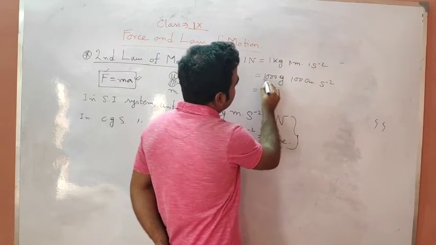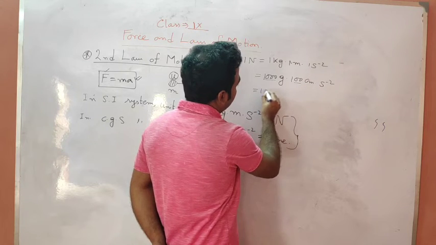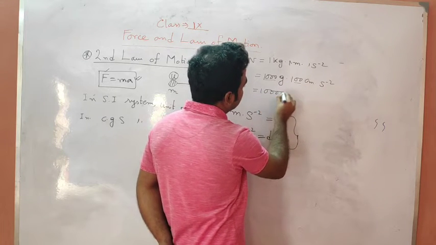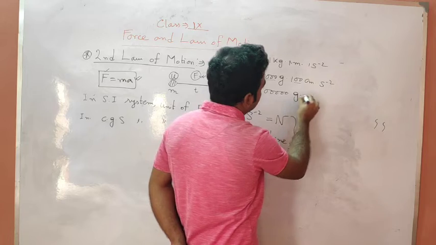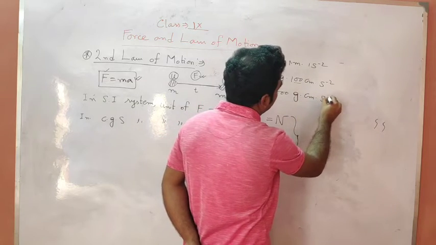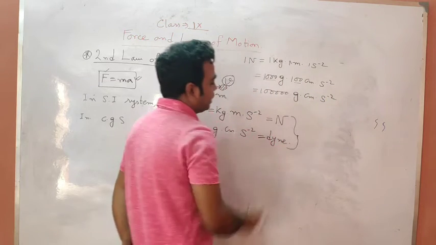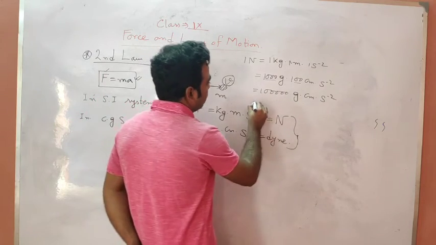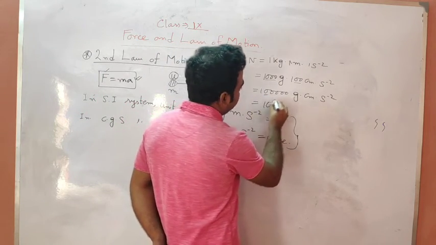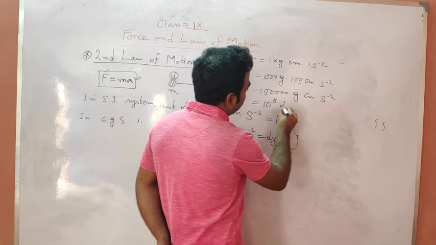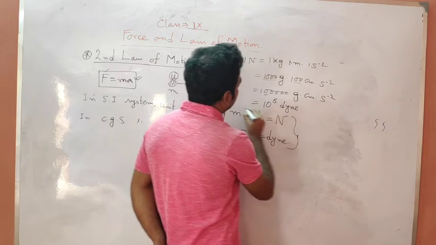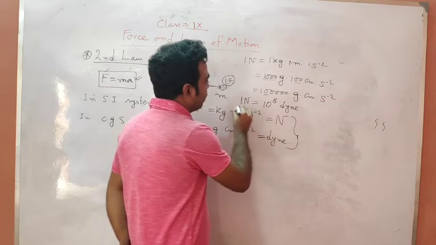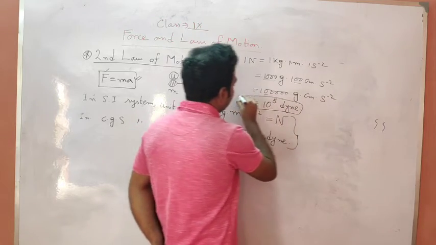So we get 10 to the power 3 times 10 to the power 2, that means 10 to the power 5, gram centimeter second to the power minus 2, and gram centimeter second to the power minus 2 means dyne. So 1 Newton equals 10 to the power 5 dyne.